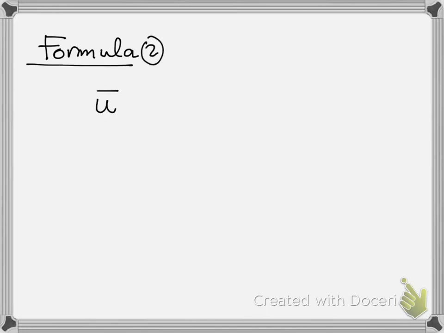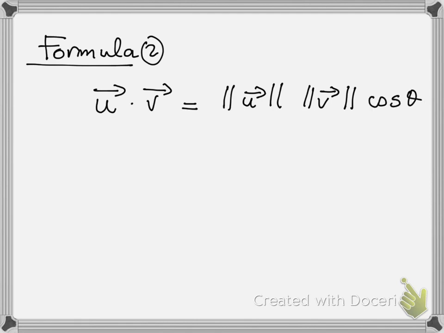Actually, u dot v is also equal to the length of u times the length of v, or the magnitude of v, times cosine of theta. So what's theta? Theta is the angle between the vectors u and v.